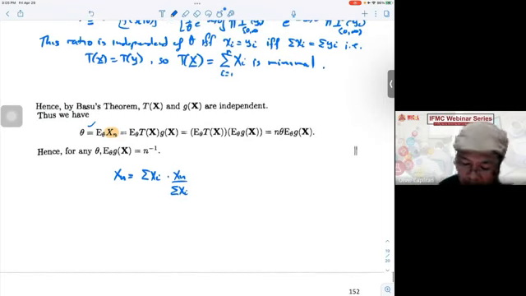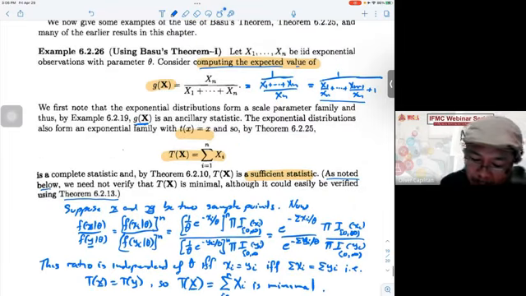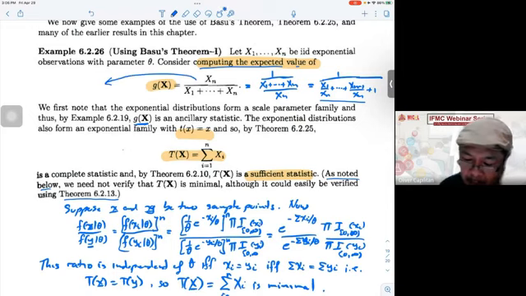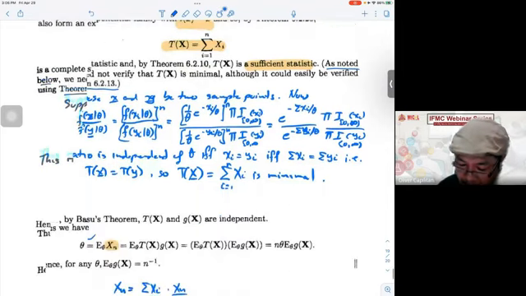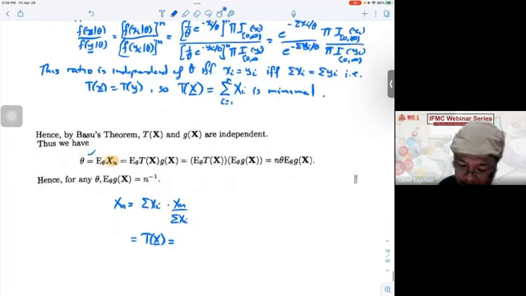Okay? So this would be equal to T of x, and then this one, x sub n. Tingnan nyo yung g of x natin dito. Diba? X sub n over the summation of x sub i. Okay, so this is actually the g of x.